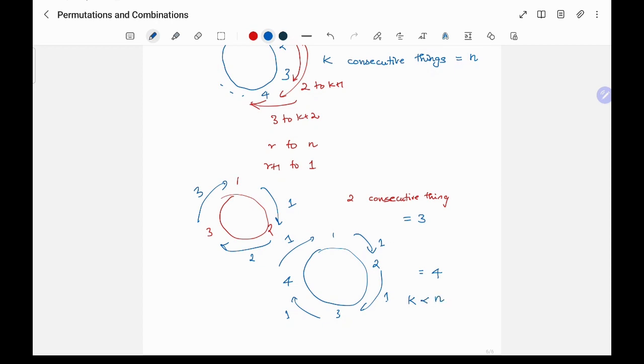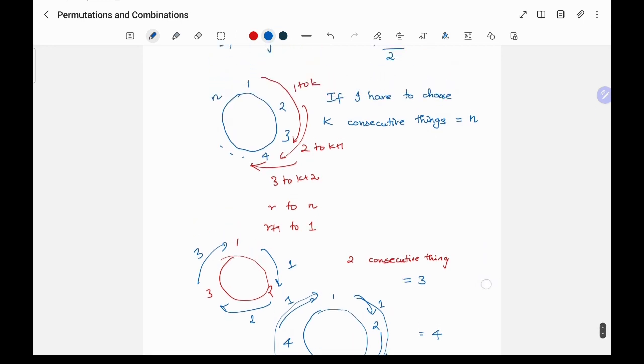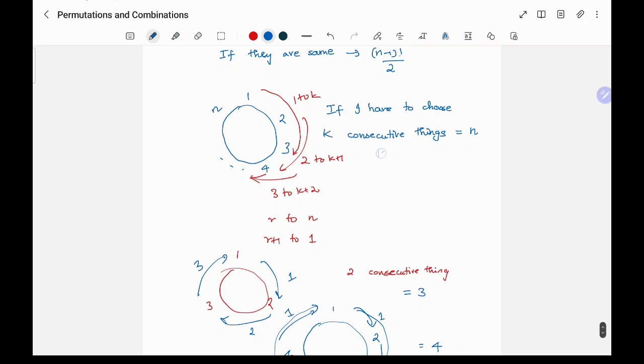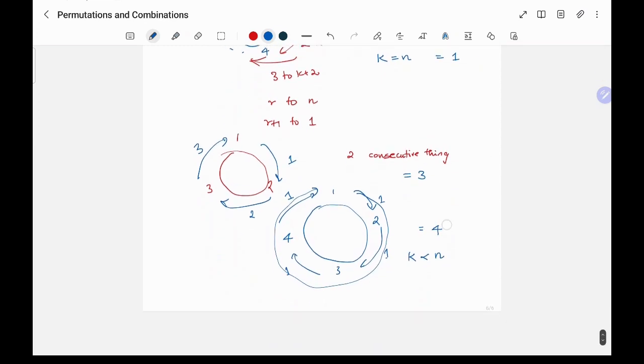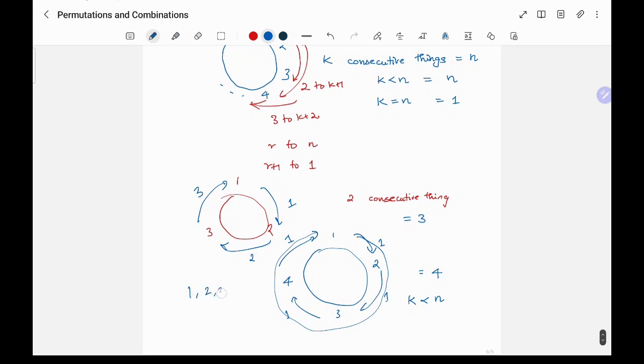If it is equal to n, let's say choosing 4 people out of 4, then it is just one circle, the same set of people, right? 2 3 4 1 is the same only. If k is equal to n, then it is 1. Why? Because it is a selection, right? So in selection 1 2 3 4 is the same as 2 3 4 1. That's why this count is reducing.